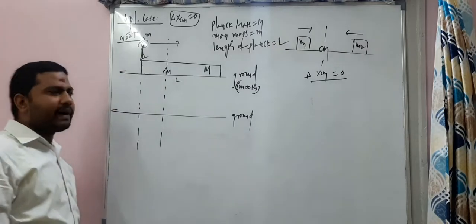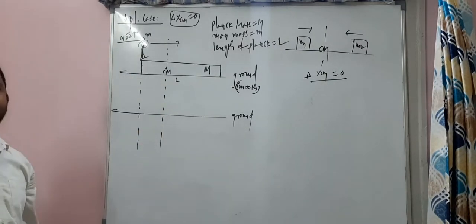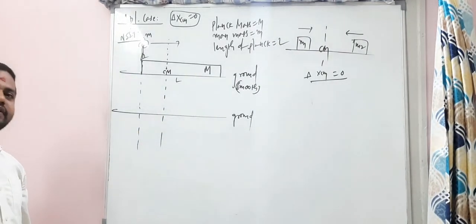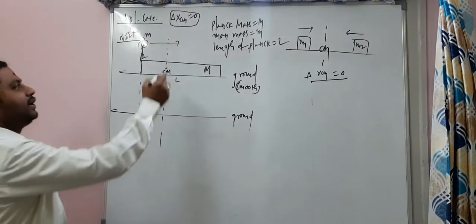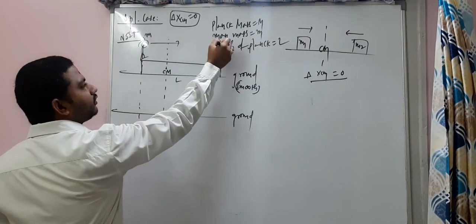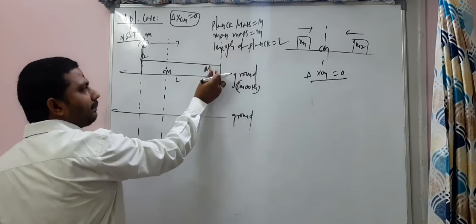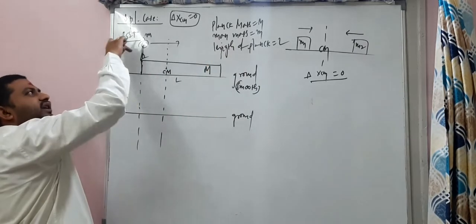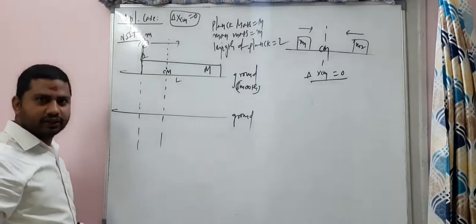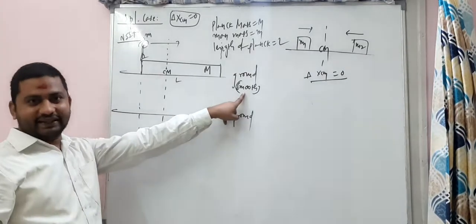See the interesting thing. The man started moving from one end to the other end. By the time he moved to this end, what happened? The plank will move backwards, right? When he is moving in this direction, the plank will move backwards, because there is a smooth surface here.